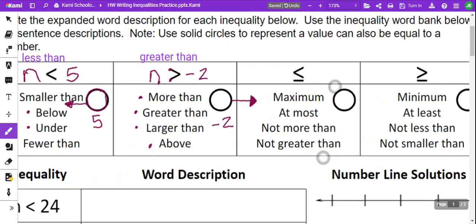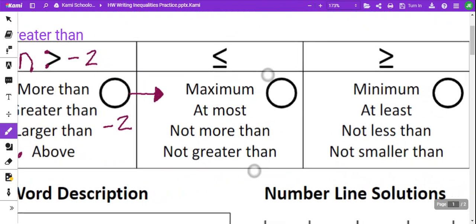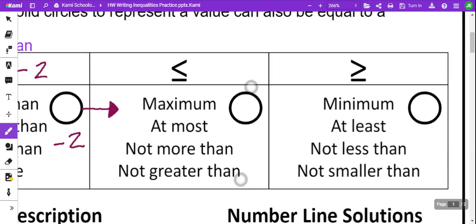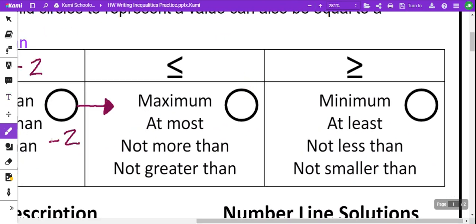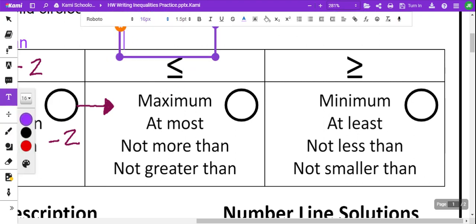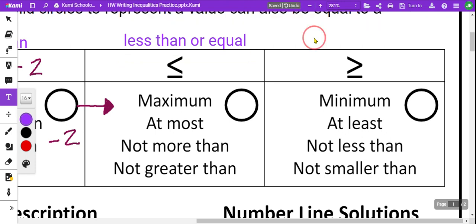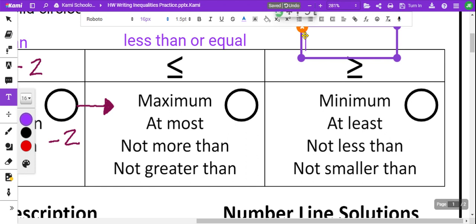Now, here's the difference between fifth grade and sixth grade. We're going to use the same symbols. So we're going to start with the symbol showing less than. But down below, this little line means less than or could also be equal.